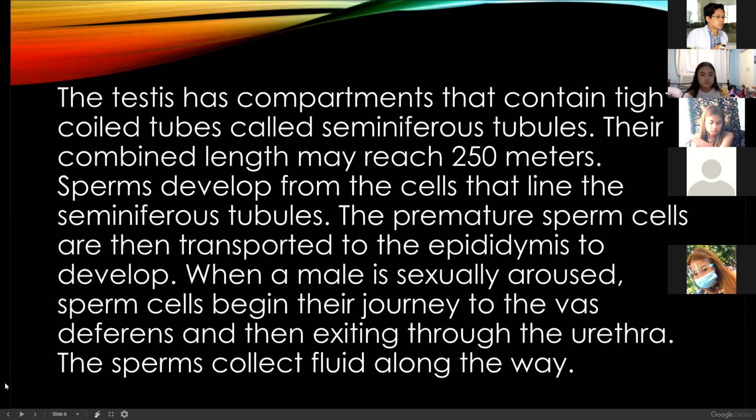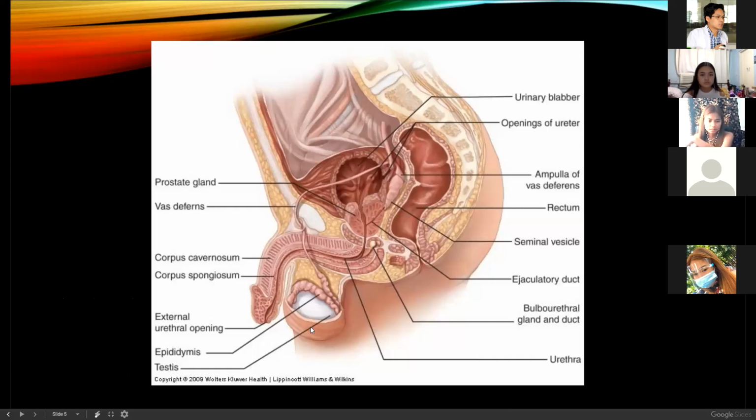If you look inside the testes, you can see the seminiferous tubules. And if there are some sperm that are not formed or not mature enough, they will transfer to the epididymis, before they can be transported into the vas deferens going to the ejaculation point.